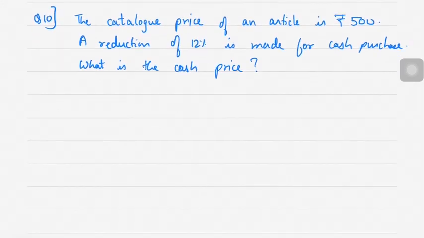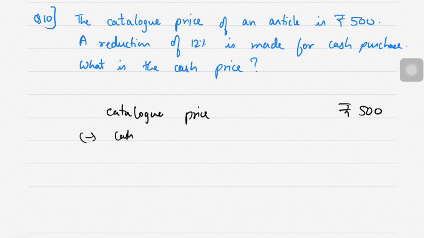Next, a catalog price of an article is rupees 500. A reduction of 12% is made for cash purchase. What is cash price? Okay. Catalog price is rupees 500 minus cash discount is 12%.